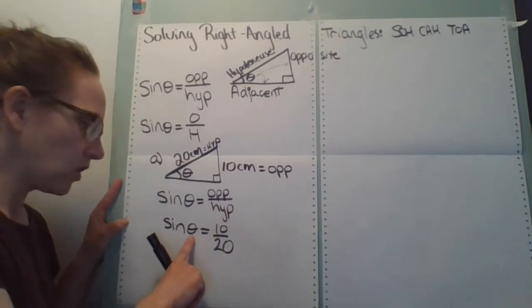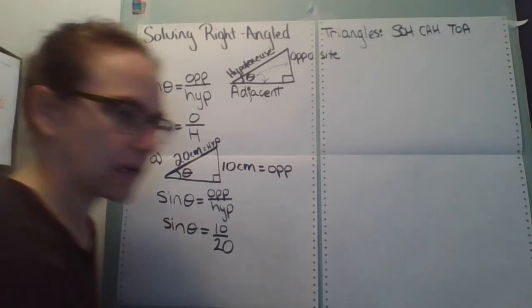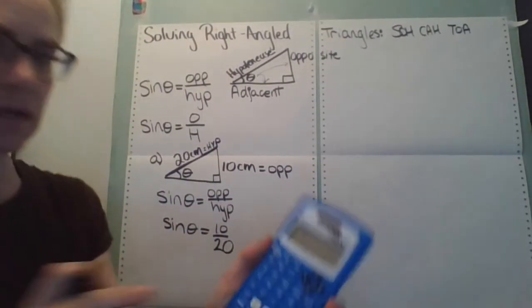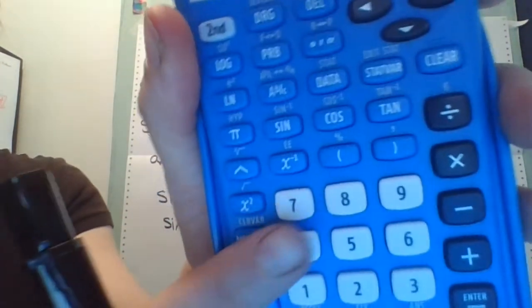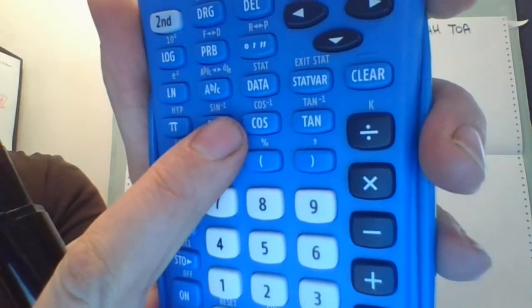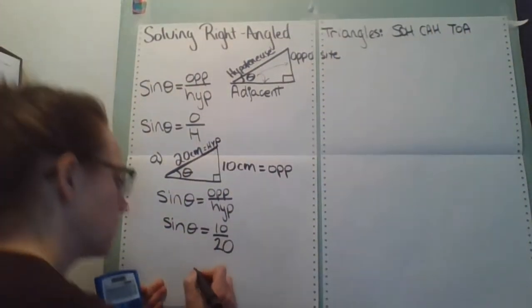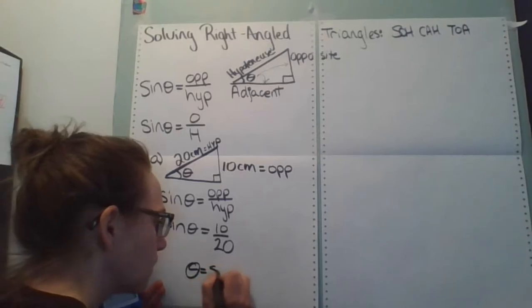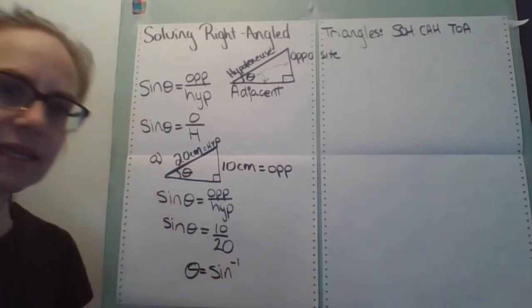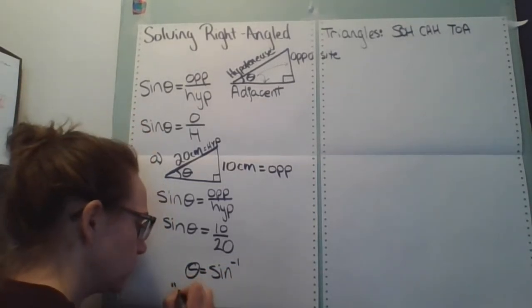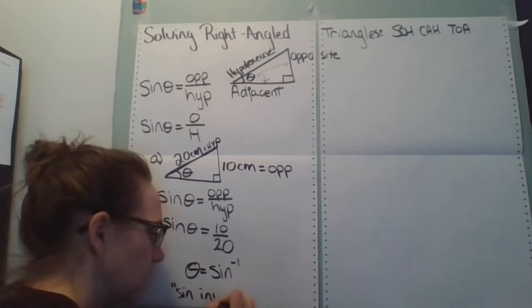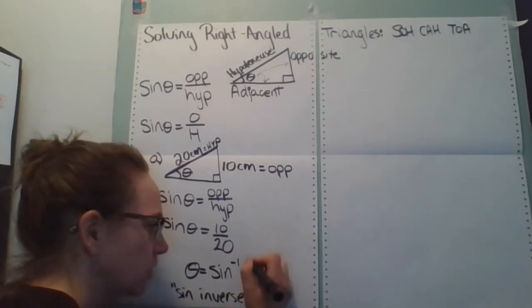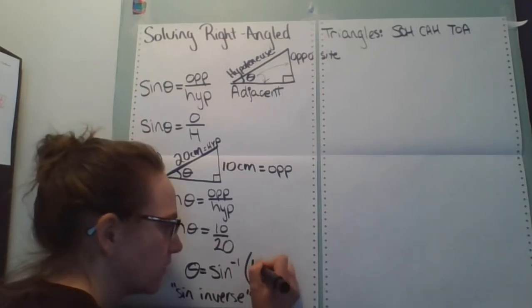And to get the angle all by itself, this is where I have to use my second function on my calculator, right? Because I'm going to have to get this sine minus 1 business, because I need the sine inverse. That's my sine inverse of 10 divided by 20.